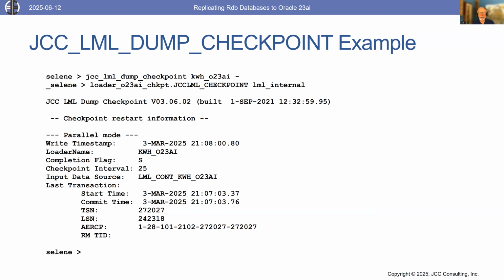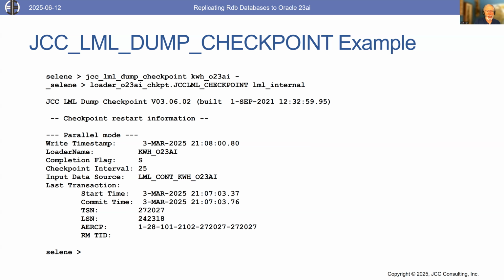The AERCP is a value that we get from the RMU unload/after command. And on a restart, we send that to the RMU unload/after, and that tells it where to start in the after image journals. So the 5 fields: there's a version number and some other version number.